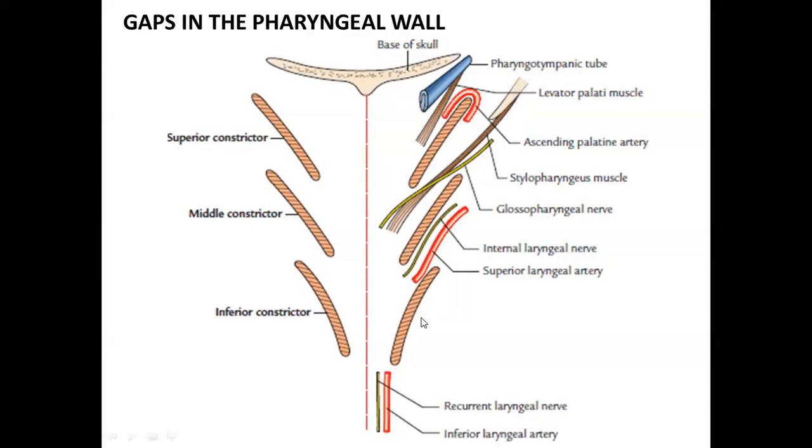Then between the lower border of the inferior constrictor muscle and the esophagus, we have a gap known as the tracheoesophageal groove. The structures that pass through it are the recurrent laryngeal nerve and the inferior laryngeal artery.